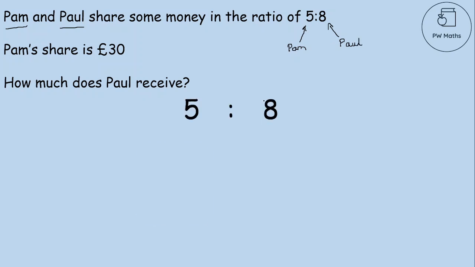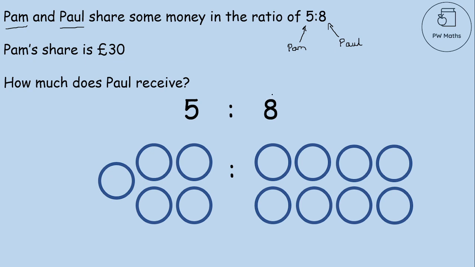Popping up my ratio again and my circles. Now I know that Pam's share this time, all of Pam's share, is worth £30. Pam has 1, 2, 3, 4, 5 circles, so I have to share my £30 out evenly between them. 30 divided by 5 is 6, so each part is worth 6.